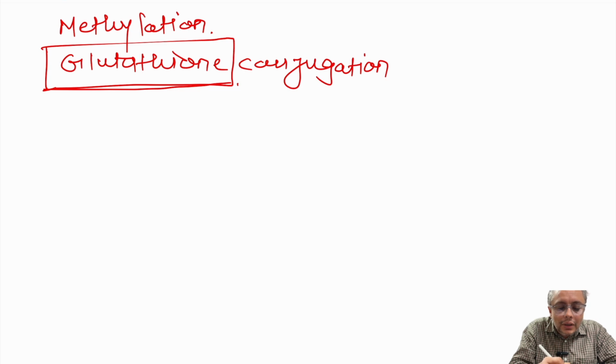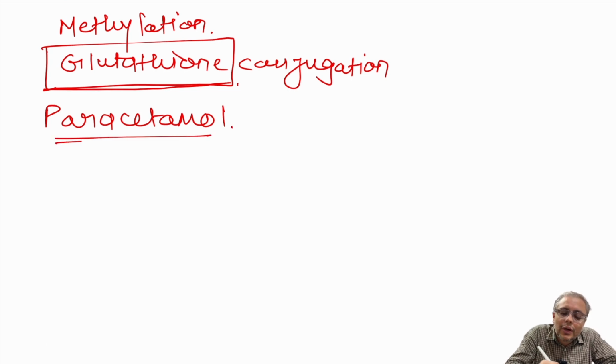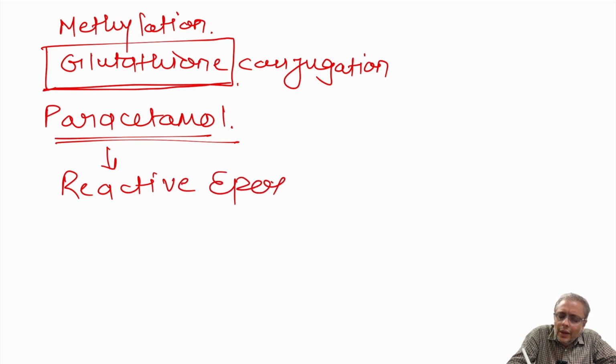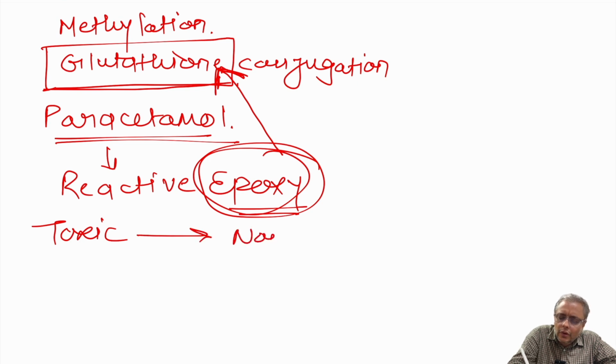Say for example paracetamol: when paracetamol is metabolized, reactive intermediates like epoxy metabolites are produced, which are very short-lived but toxic intermediates, and these require glutathione conjugation to convert the toxic intermediate into a non-toxic metabolite.